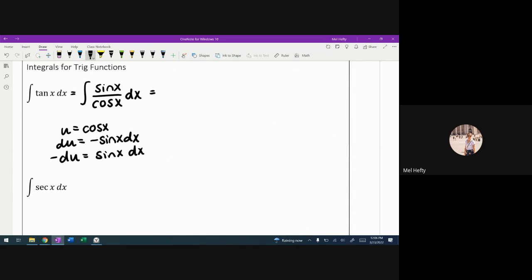Could you try to substitute and rewrite your integral real quick? I'm going to give you a second to try it on your own before I do it on the board. Yeah, that's what I was going to do.